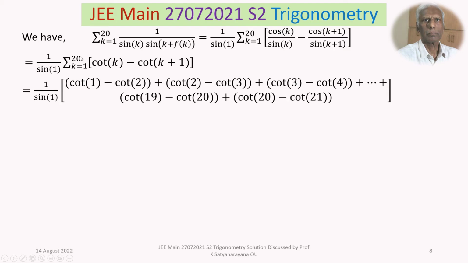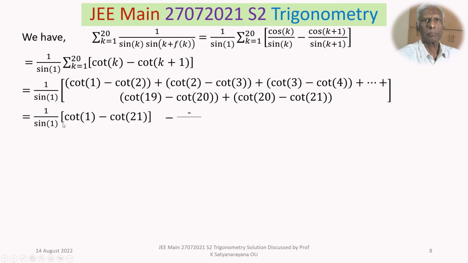And the last term, k equals 20, cot 20 minus cot 21. Now observe, minus cot 2 cancels with cot 2, cot 3 cancels, cot 4 cancels, and so on up to cot 20. You're left with the first term cot 1 minus the last term cot 21.